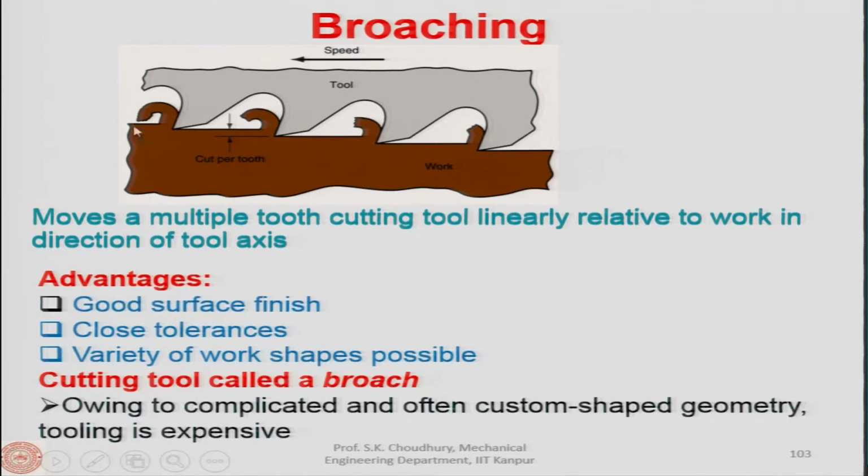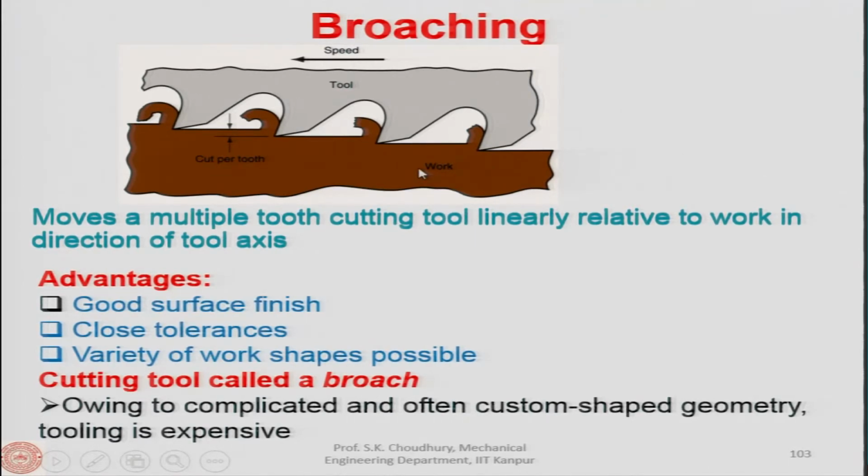When the tool is moving, this tooth will be removing this much material, and the next tooth will be removing this much material. So, as it goes, it will be removing the total of this and this. The final tooth will be removing material which is the sum of the depth of cut of all the other teeth ahead.